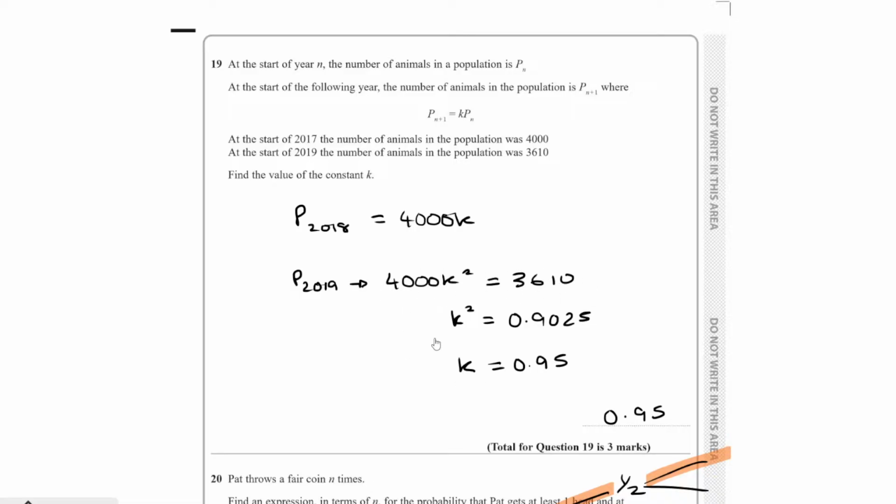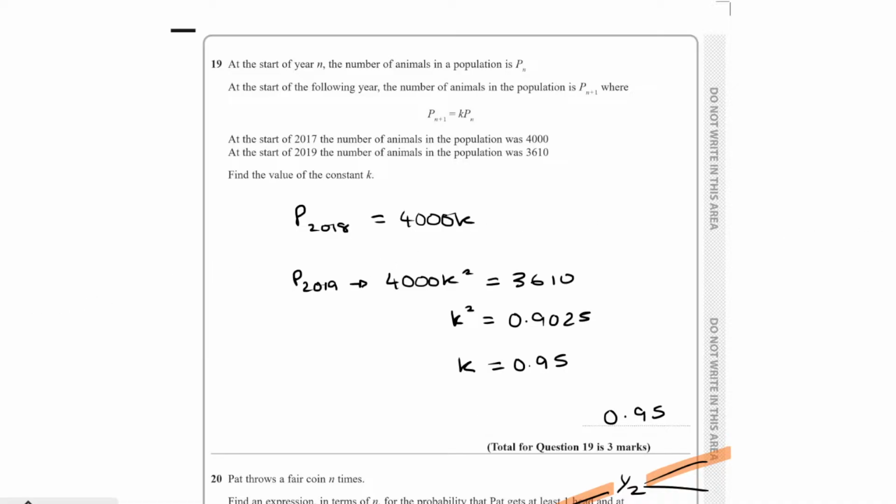So then that's just an equation that I solved, and I got k as 0.95. I don't know if you want me to explain it in any more detail than that, or if that is fine just to read through it.